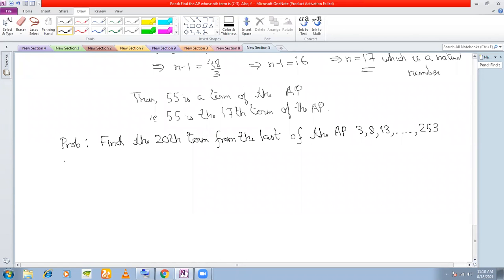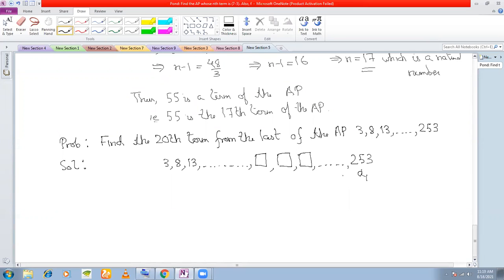Now, what does 20th term from the last mean? If you see, this is an AP, and you have the terms here, and then certain terms, and this continues till 253, right? So 20th term from the last means you start from here.